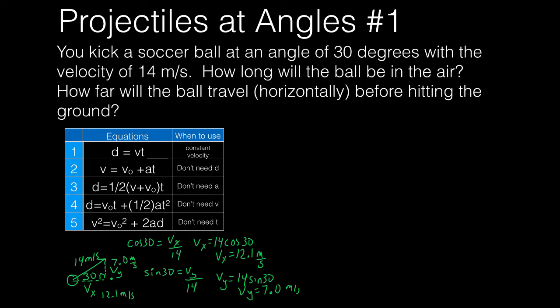What we've done so far is take the initial velocity and break it into its horizontal and vertical components, which will be important for solving this problem. Just like with the other problems, with projectiles at angles you always want to break it up into the horizontal and vertical components. Horizontally, we can use equation number 1, which says that the horizontal displacement is equal to the horizontal velocity times the time that the projectile is in the air.